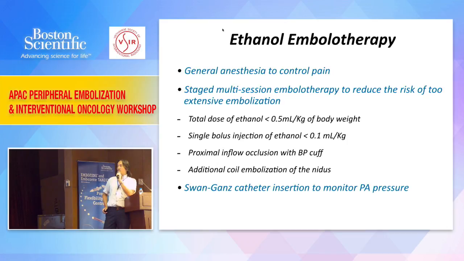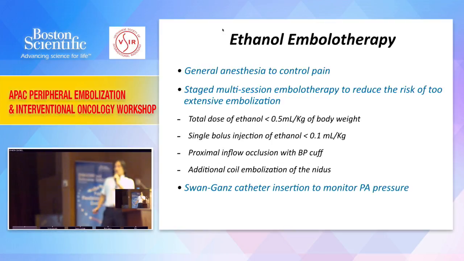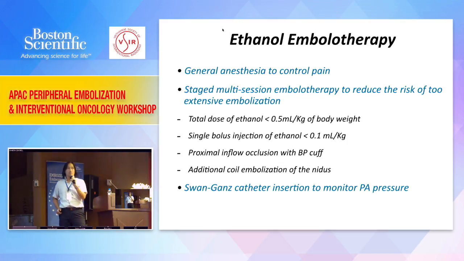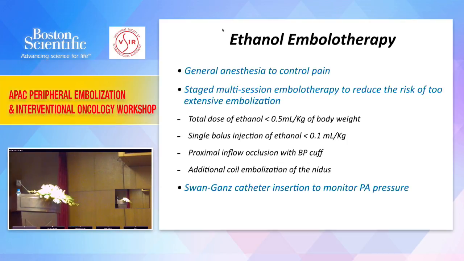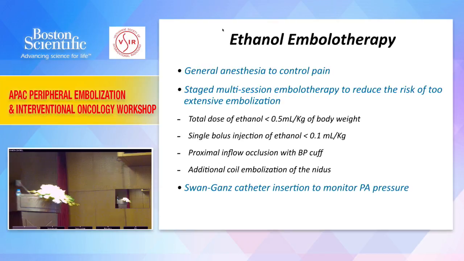The total dose of ethanol must be less than 0.5 milliliter per kilogram of body weight in one session. And a single bolus injection of ethanol must be less than 0.1 milliliter per kilogram. If we use a large amount of alcohol, Swan-Ganz catheter insertion is essential to monitor the pulmonary artery pressure.